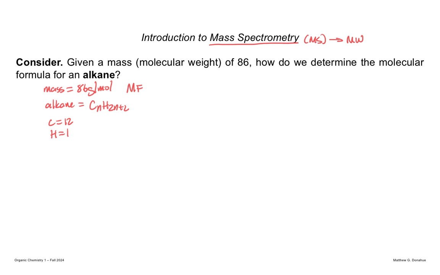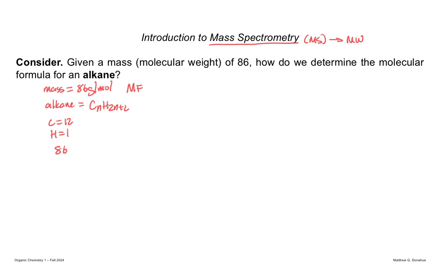So what we're basically trying to solve for is n in that equation. To kick us off, what's the maximum number of carbons that can be in there? Like the maximum. So it's not the answer right now. This is our first step towards finding the answer.